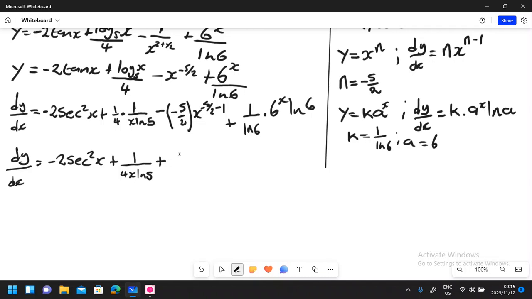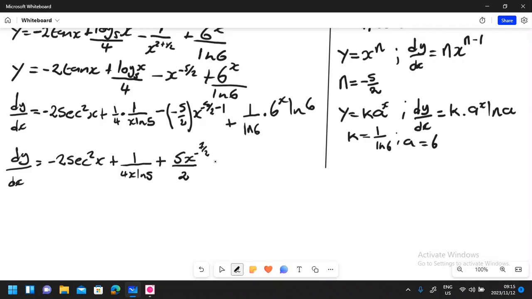So we're gonna have positive 5, and then let's say over 2, because we have 2 here. But what is negative 5 over 2 minus 1? So we're gonna have x to the power of negative 7 over 2. There we go, 7 over 2.